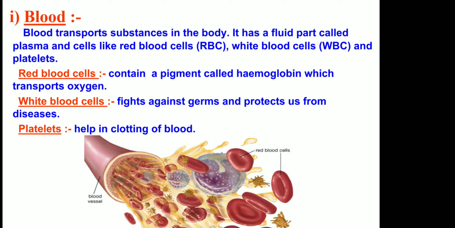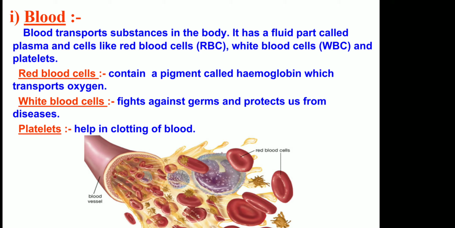Now coming to red blood cells, children, red blood cells are red in color because they contain a pigment called hemoglobin, which transports oxygen. Now the second, these red blood cells are also called as erythrocytes. White blood cells are called as WBCs or leukocytes.